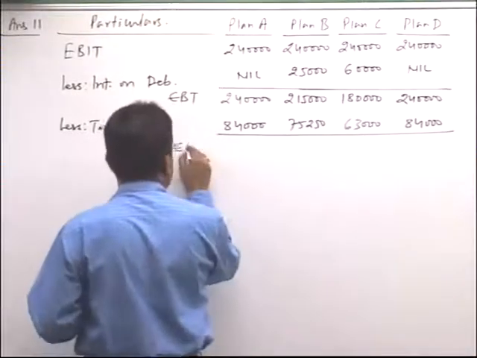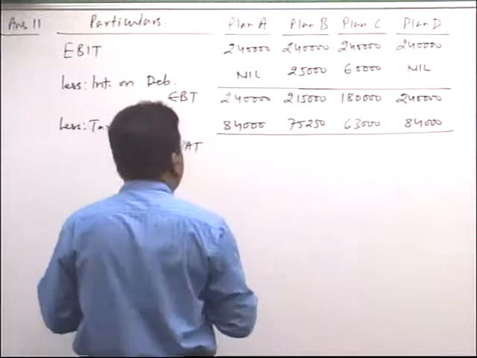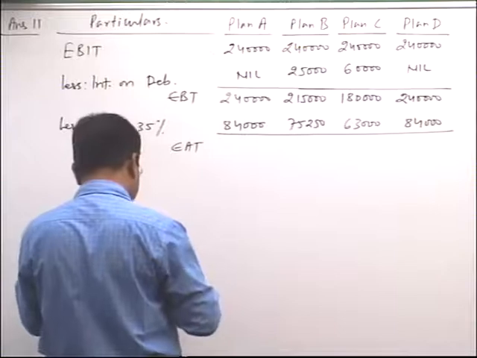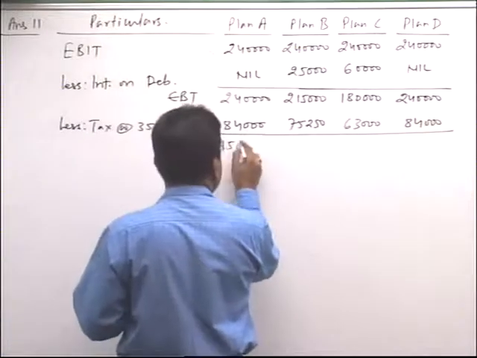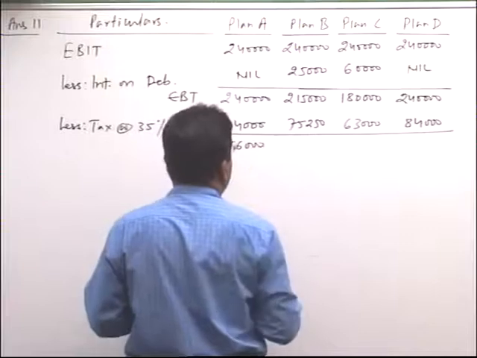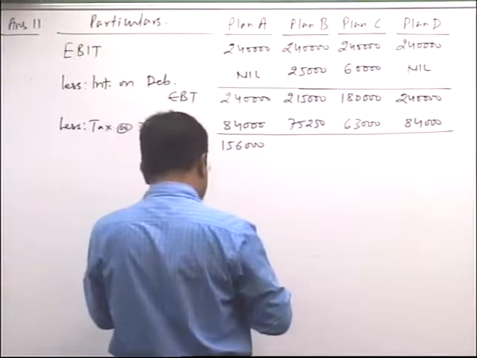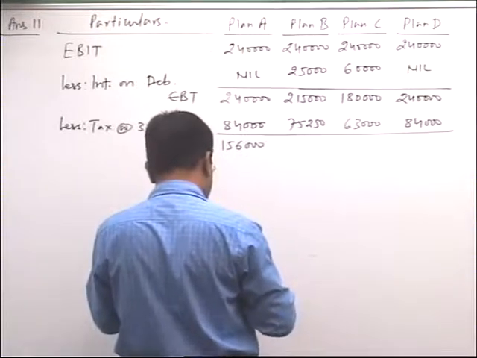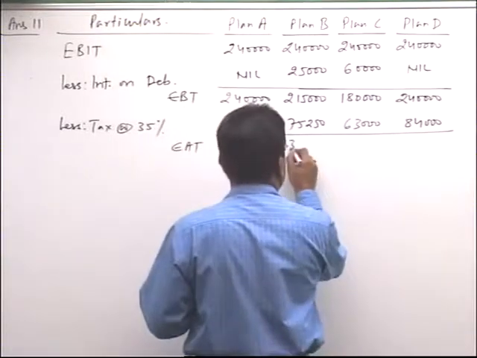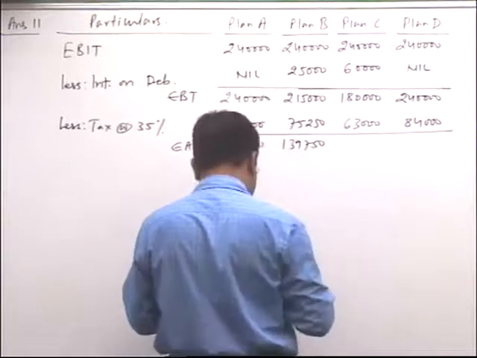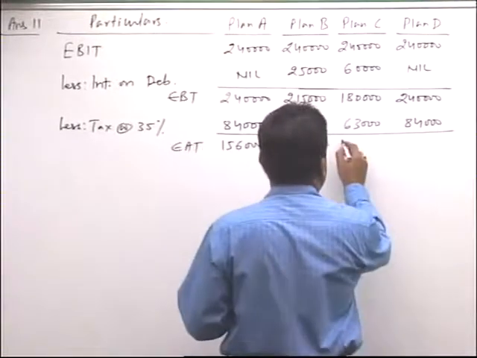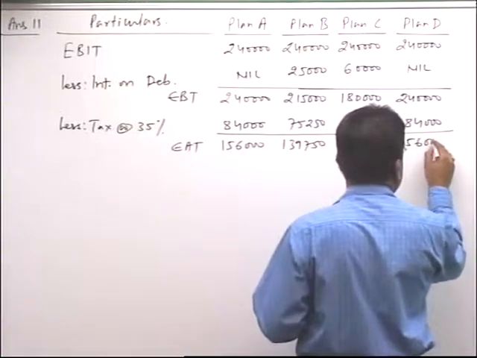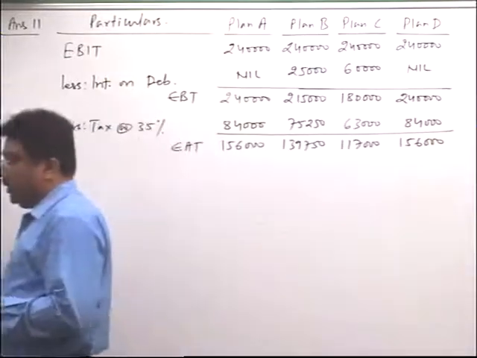Now it will give you earning after tax, and it will be 1,56,000, 1,39,750, 1,17,000, and the last one is 1,56,000. So this is your earning after tax.